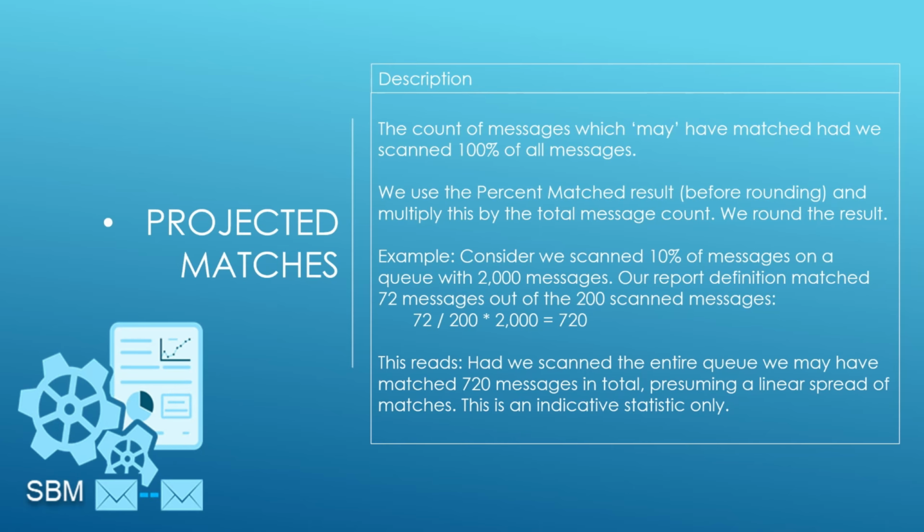As noted above, our report definition matched 72 messages out of the 200 scanned messages, resulting in a 36% match. We multiply this by the total count of messages on the queue, which was 2,000. This results in a projected match count of 720. In other words, had we scanned the entire queue, we may have matched 720 messages in total, presuming a linear spread of matches. This is an indicative statistic only.